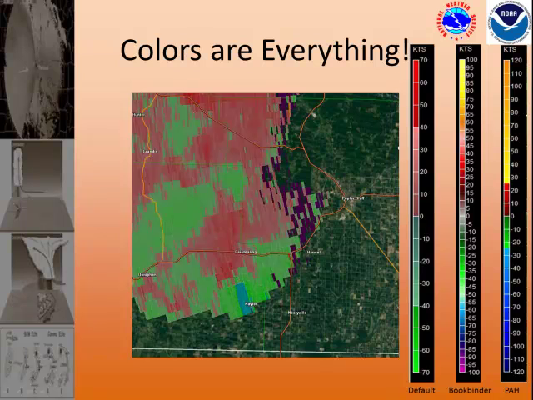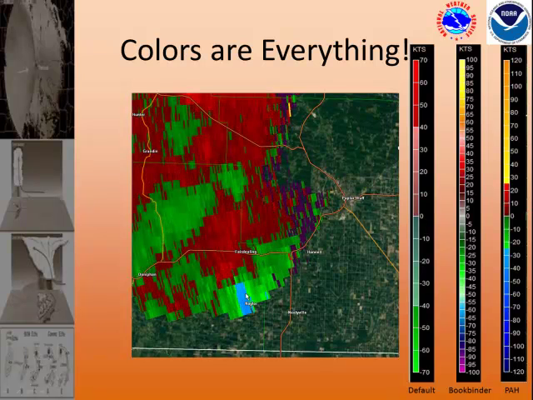Well, what if we change the color scale even more? Now you've got blues and you've got reds. Here's our circulation. And yes, there was a tornado in and around this time, southwest of Poplar Bluff. So colors are key. You need to know what the colors are going to be. You have to use the right color scale in order to pick out the feature that you're looking for.